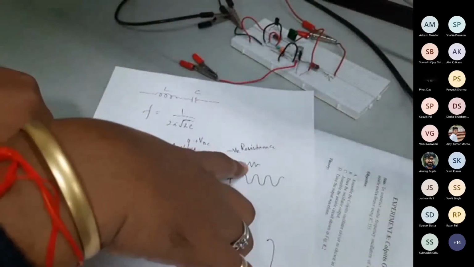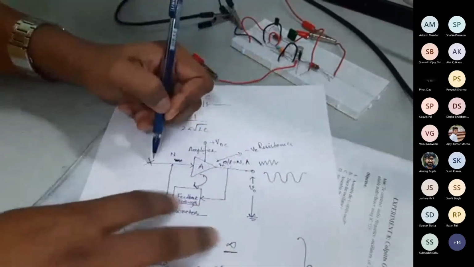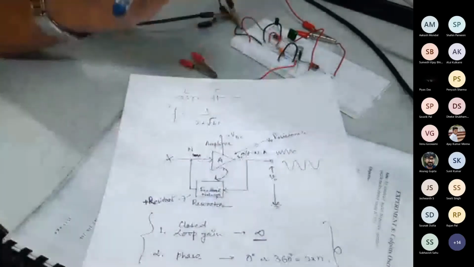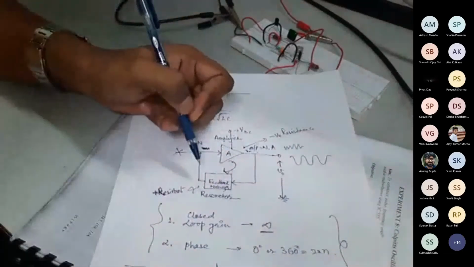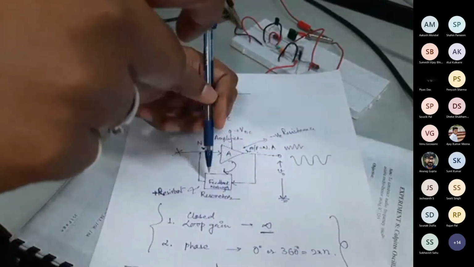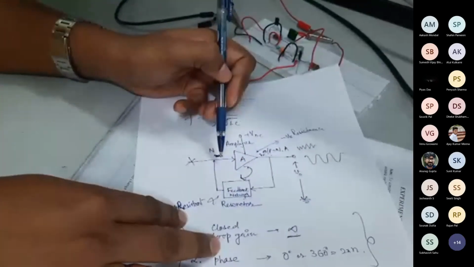So it will pass through the feedback network, which is the band pass filter. Noise has infinite bandwidth and contains all kinds of frequency, but the feedback filter will allow only the desired frequency, the resonator frequency, through the feedback network.